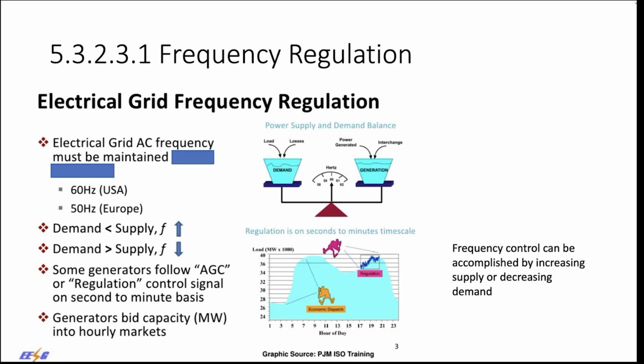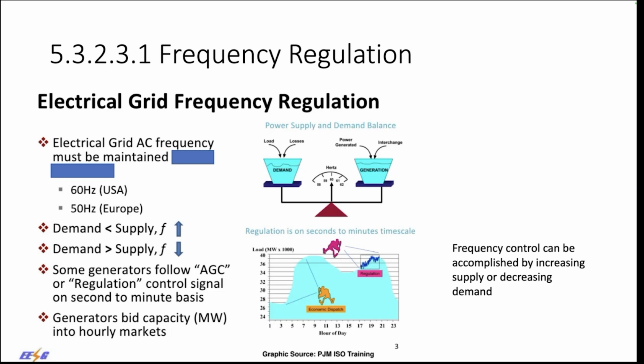So what happens is when the demand is less than the supply, the frequency increases. It'll go from 60 hertz to 61 or 62 hertz. When the demand is greater than supply, the frequency decreases, so it'll go to 59 or 58 hertz. And when it gets very far out of the nominal 60 hertz, it can cause serious problems.